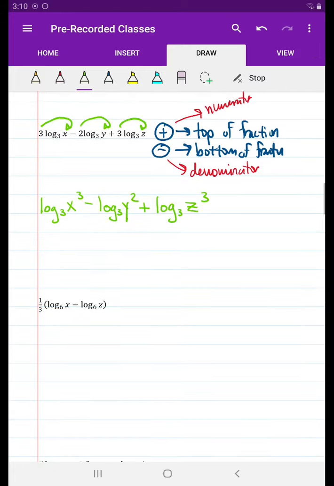So remember, we said everything that's positive turns into our numerator and everything that's negative goes into the denominator. Actually, I'm going to do this on the next line just so I get more space. So I'll have log base 3, and I'll have x cubed up top. Okay, this negative log base 3 of y squared, that's going to put my y squared in the denominator because that log is negative. And then this plus log base 3 of z cubed, that z cubed will go up top.